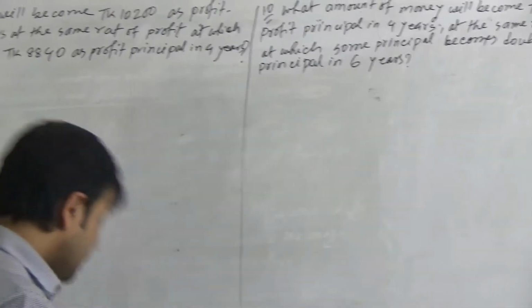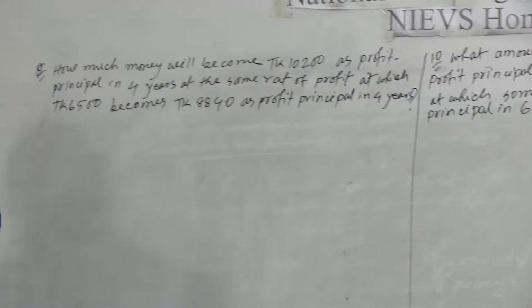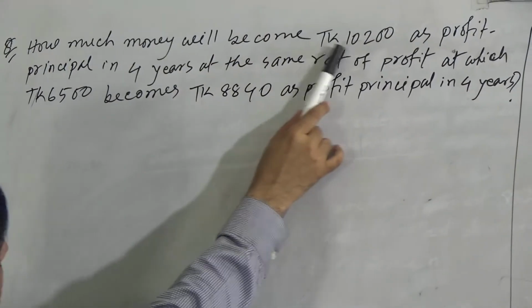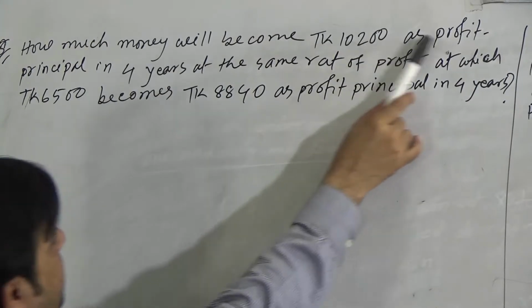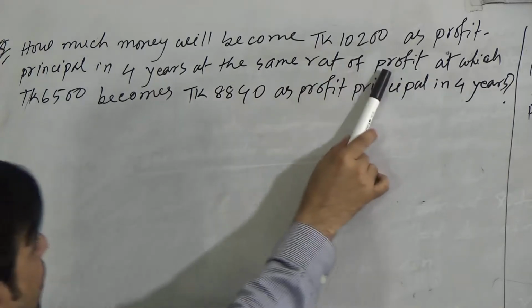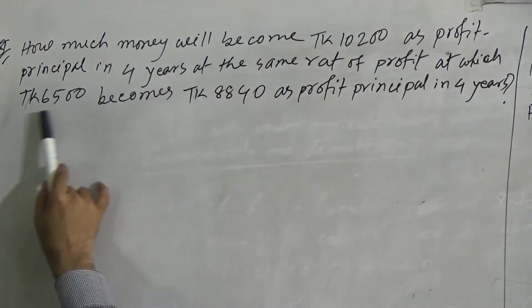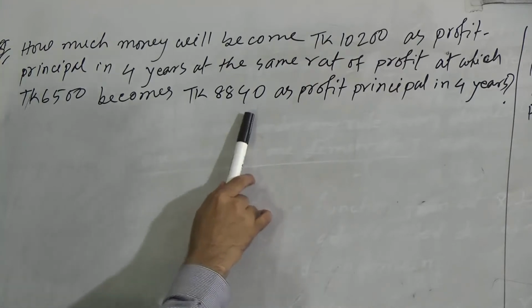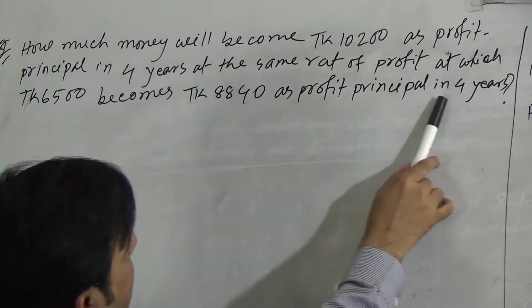Okay dear students, now at first question 8. How much money will become taka 10,200 as profit principal in 4 years at the same rate of profit at which taka 6,500 becomes taka 8,840 as profit principal in 4 years.